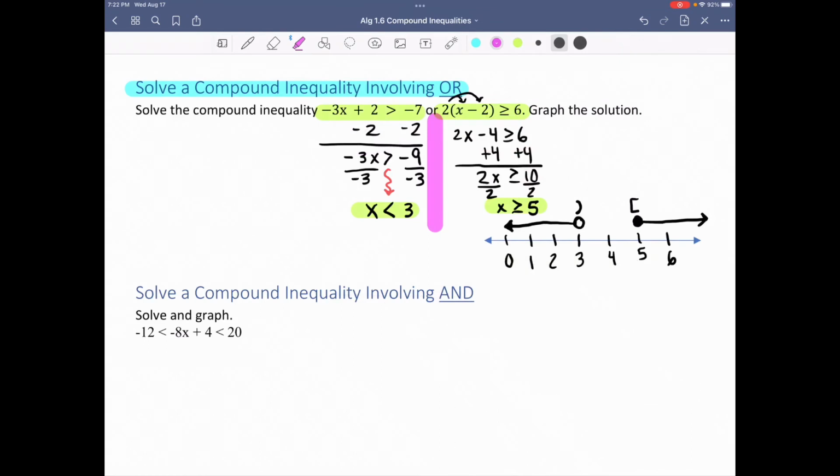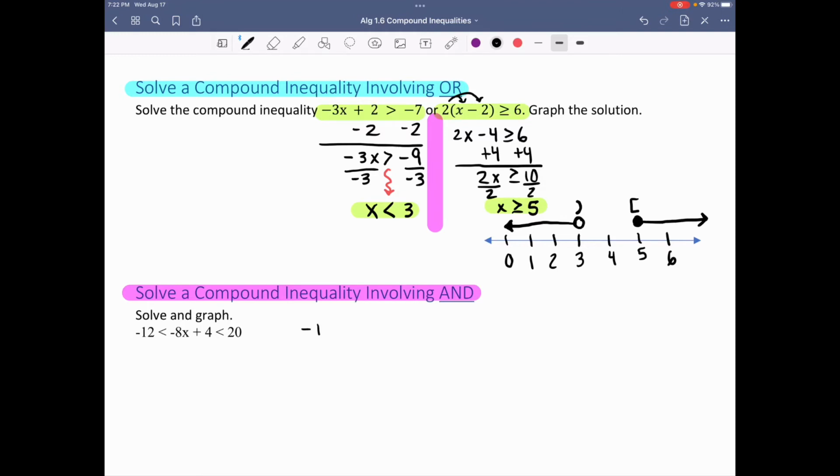In this section, we will solve a compound inequality involving and, we'll see what that looks like. All right, this part is written in the center, the minus 8x plus 4. So to solve this, we actually have to split it up.